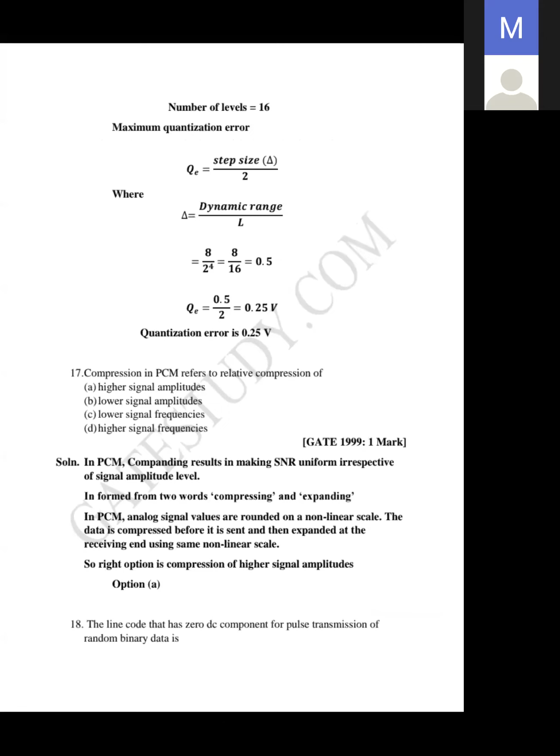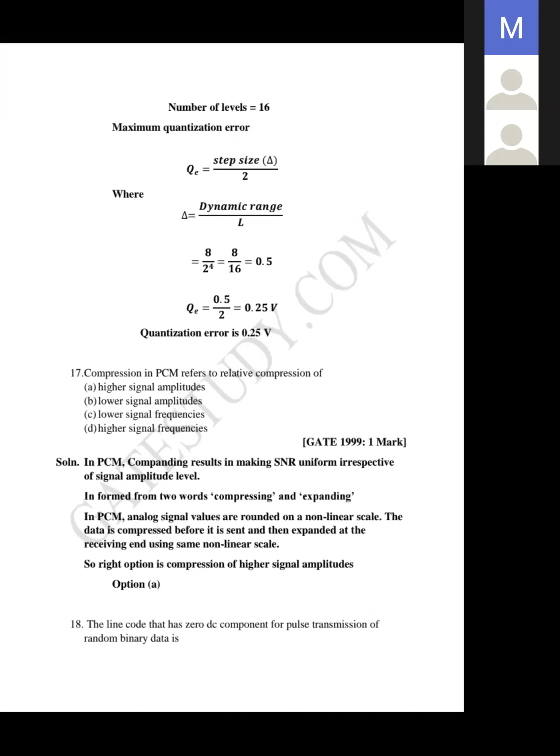Next, compression in PCM refers to relative compression of... In PCM, companding is making SNR uniform with respect to the signal amplitude. Companding is nothing but compressing the given signal at the transmitting end, and after transmitting and receiving, we need to expand it.